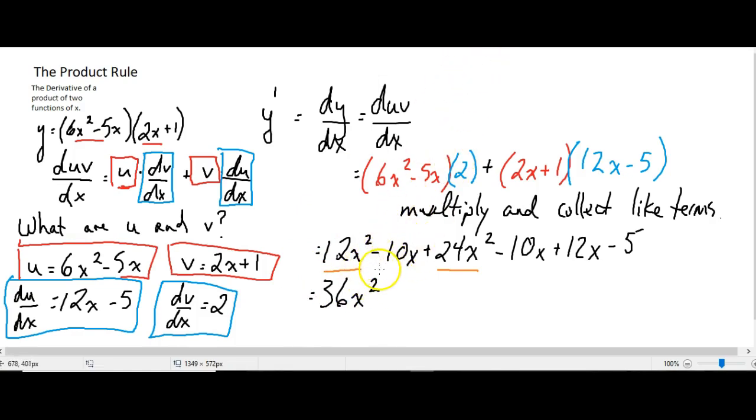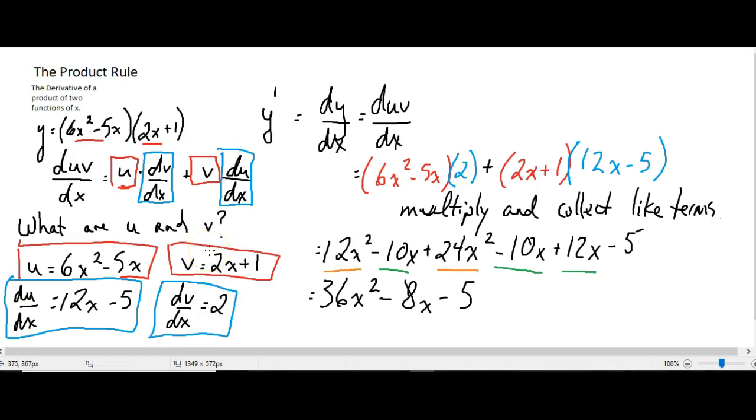So there are minus 10x plus 12x. So that's minus 10, which is minus 20, plus 12, which will be minus 8x, and minus 5. And there we have our derivative.